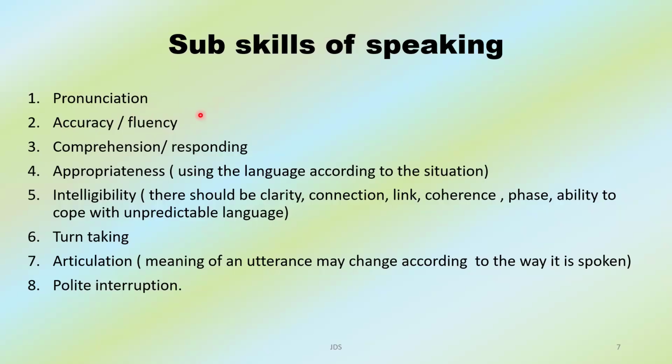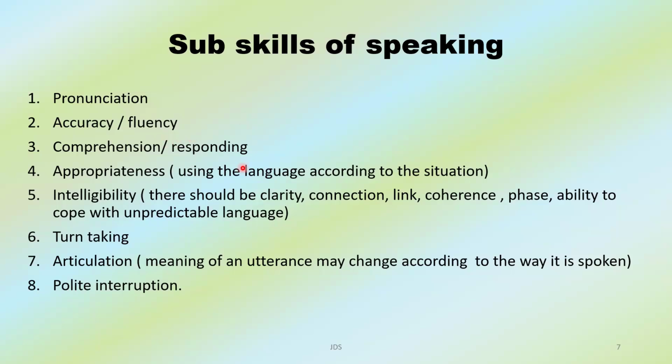Then promoting accuracy and fluency, making them fluently speak. When it comes to the speaking skill, there can be minor grammatical mistakes. Still, for all, the person should be able to express his ideas, to convey his ideas, or to make the listener understand what he is trying to express.